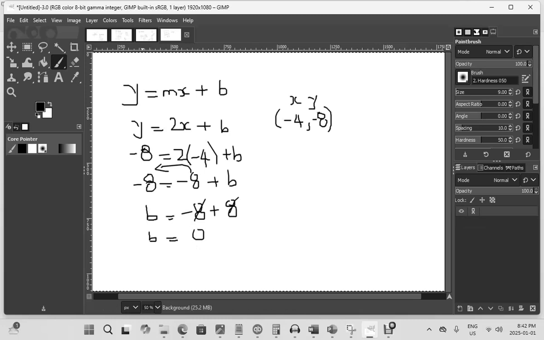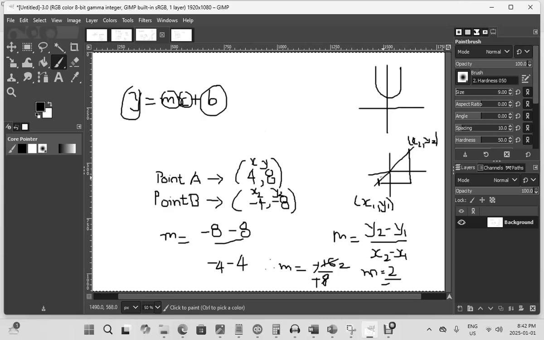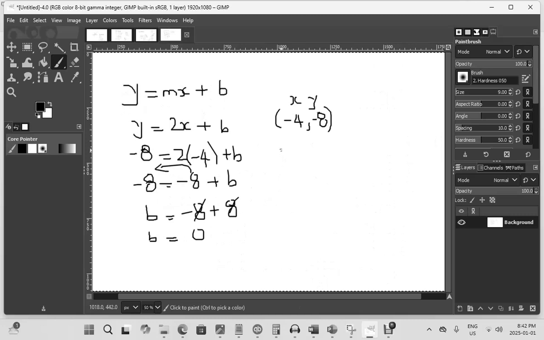If you look at this line, it crosses through 0 on the y-axis. Let's say this is (0, 0). So your y-intercept is 0. This is how you figure out your slope and your y-intercept.